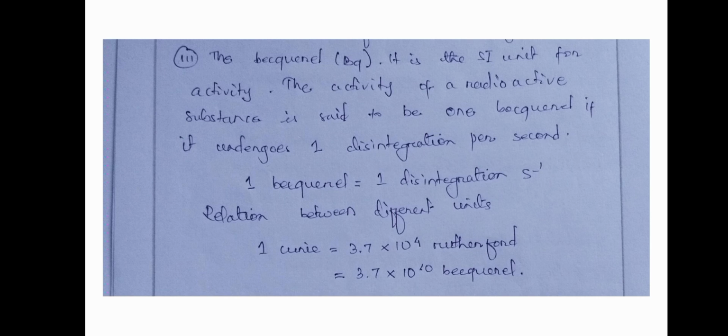And the last one is the becquerel, that is 1 becquerel equals 1 disintegration per second. Relation between different units: 1 Curie equals 3.7 times 10 to the power 4 Rutherford equals 3.7 times 10 to the power 10 becquerel.